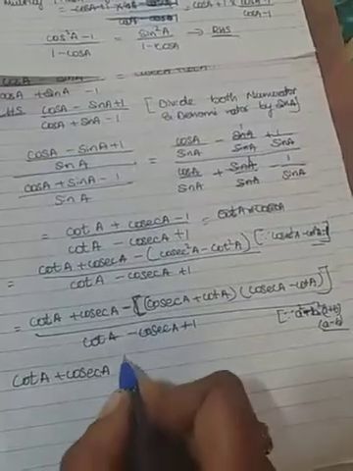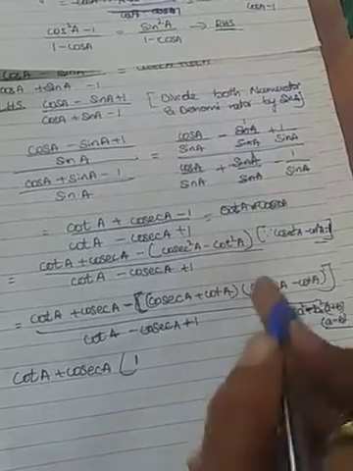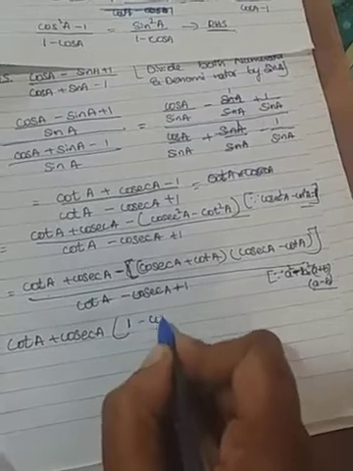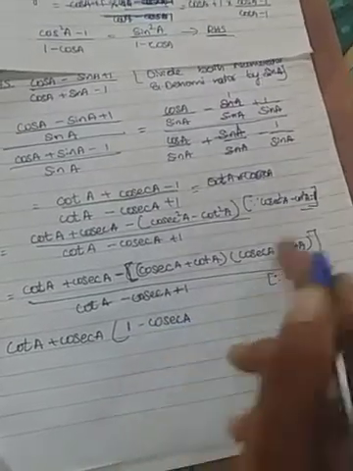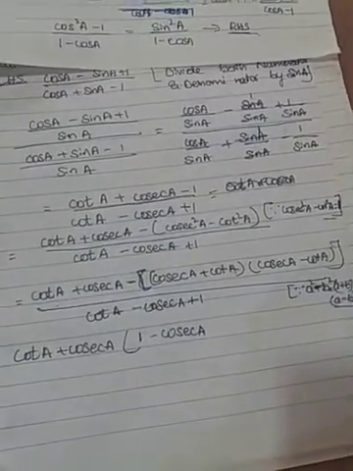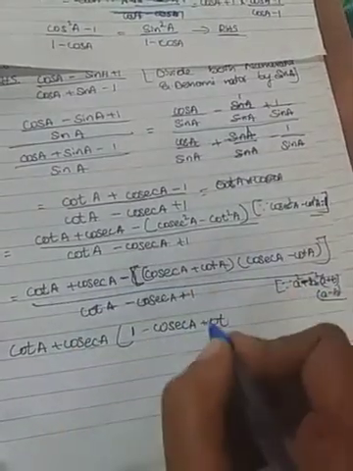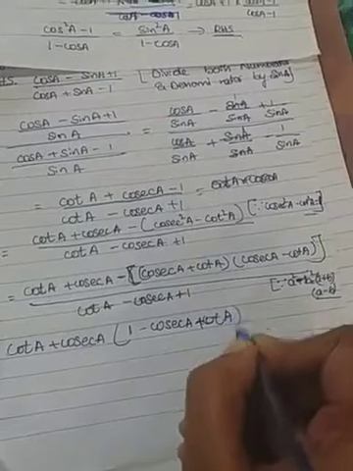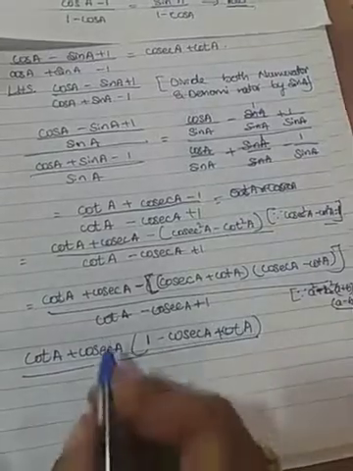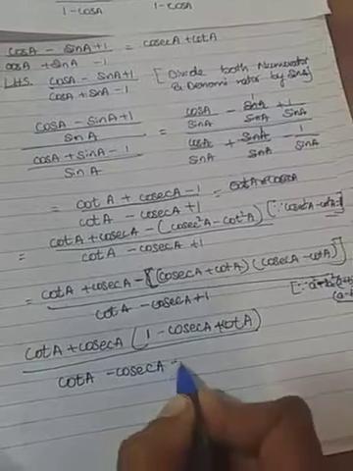So finally here we get 1 minus cosecant A minus cot A, or plus cot A, because minus into minus becomes plus, divided by cot A minus cosecant A plus 1.